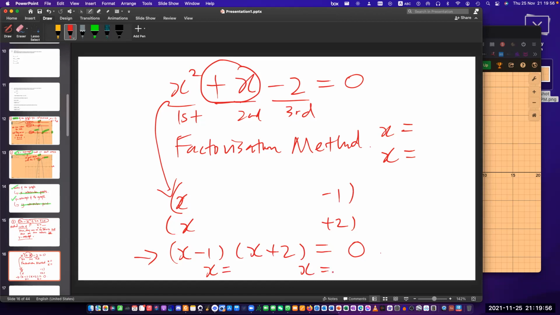What is this x and what is this x? Can you still recall? x equals to 1. And then over here, -2. Do you know why?